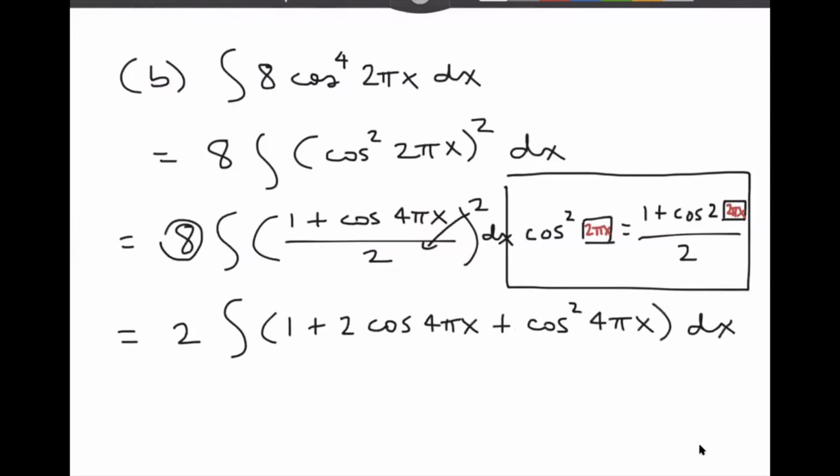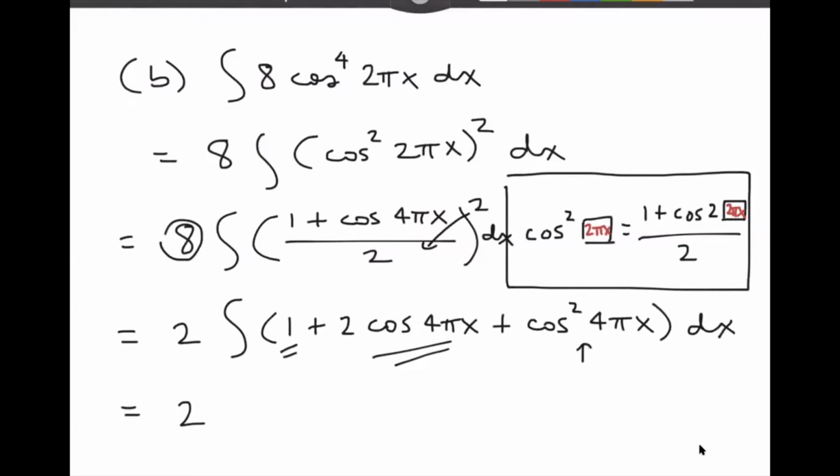All right. So this is no problem. This is no problem. That's going to be a baby u substitution. This right here is an even power of cosine. So we have to use that power reducing formula again. Okay.